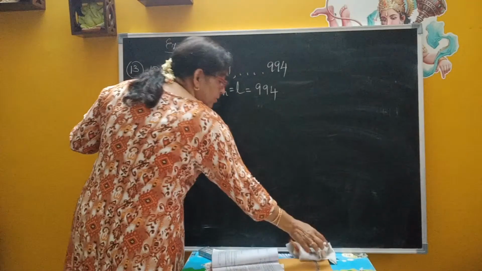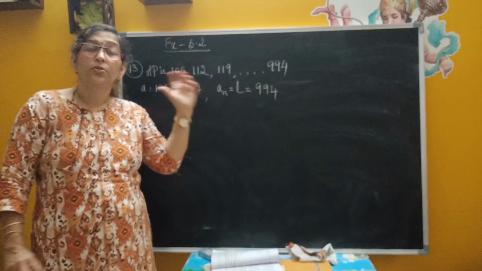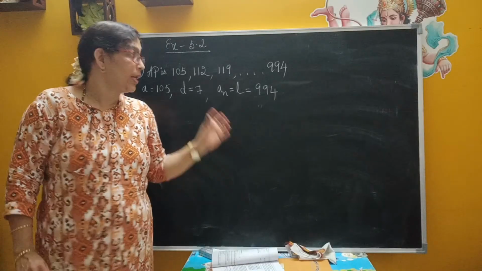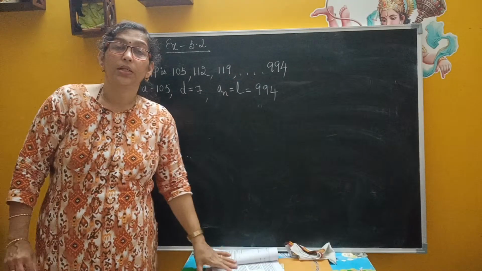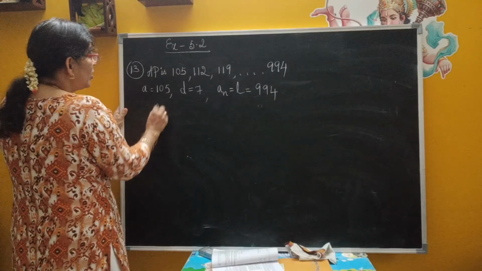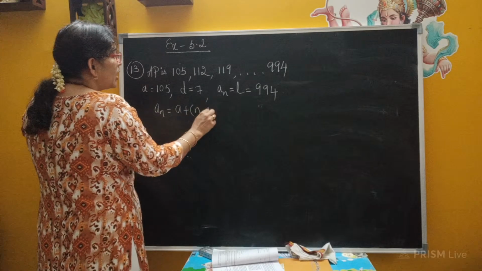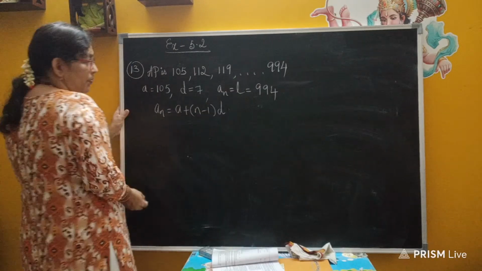Now let us find the value of n, that is, how many terms are there. How do you find the value of n? Using the formula an is equal to a plus n minus 1 into d.